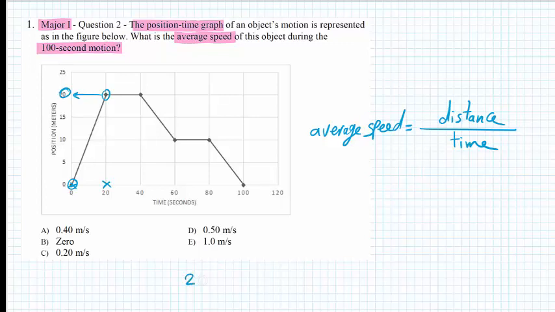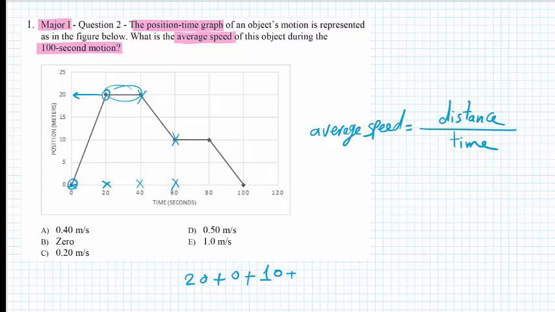So that's 20 meters. Plus, from 20 to 40, the object stopped. So that's 0 distance. Plus, from 40 to 60 seconds, the object moved from the position 20 here into the position 10. So it moved 10 meters.